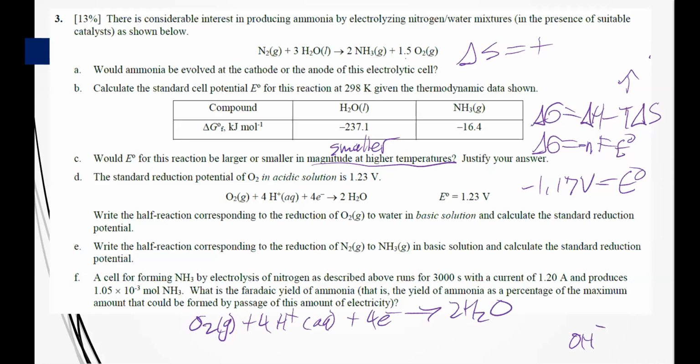So what we can do is start neutralizing out those H pluses. If I add in 4 hydroxides over here, that's going to remove those H pluses and turn them into water.